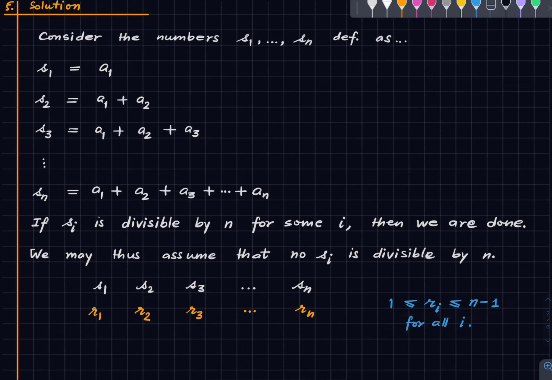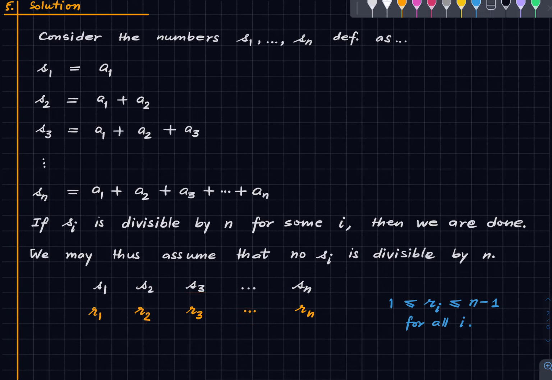Okay. And now we have n numbers in this range, and therefore by the pigeonhole principle, since there are only n minus 1 possibilities for n numbers, by the pigeonhole principle or by common sense, some two distinct of these remainders must be equal.